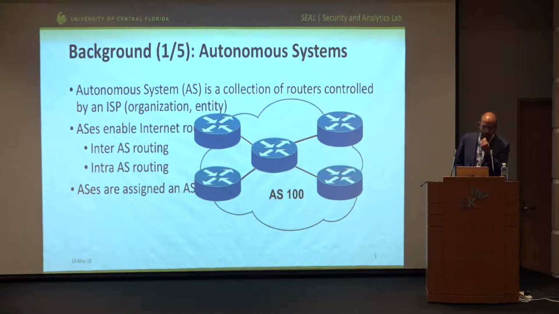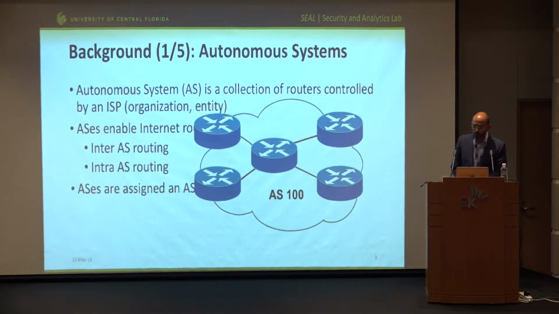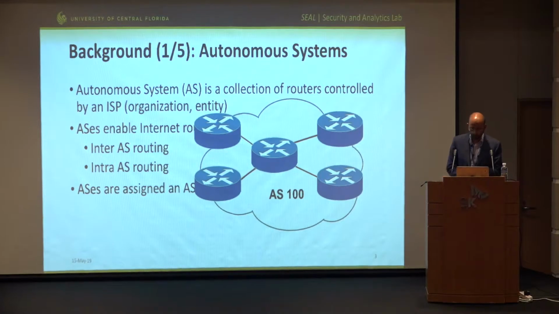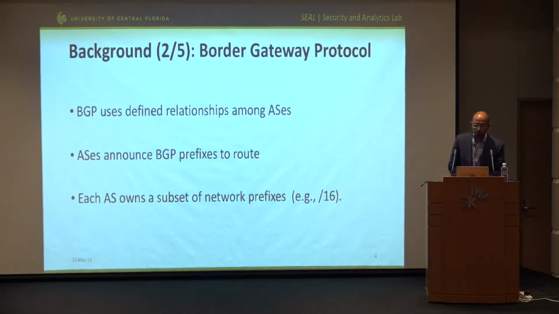Typically an AS would be, as I said, a bunch of routers defined by a name, and those routers within the AS have their links, determining the communication patterns, and then across ASs there's also communication between them. BGP is the de facto standard for routing on the internet today.